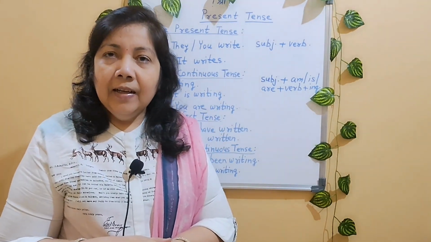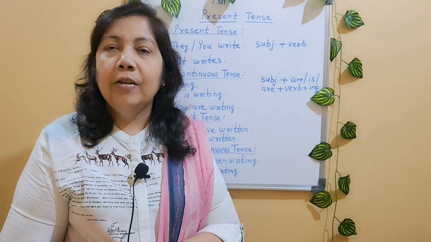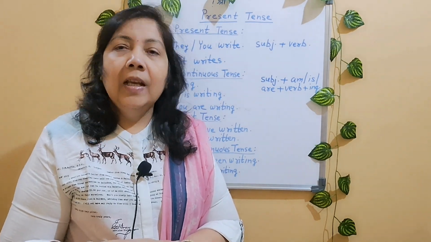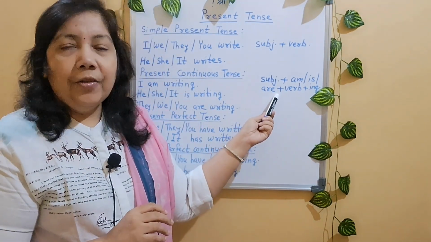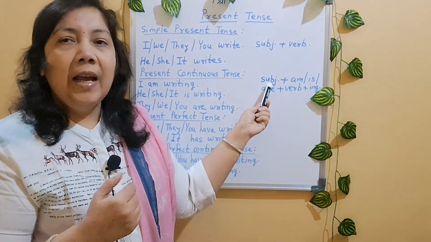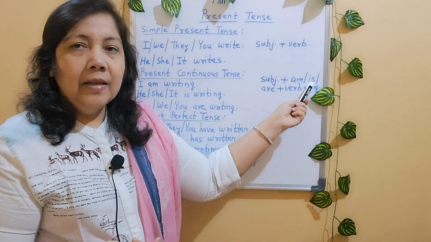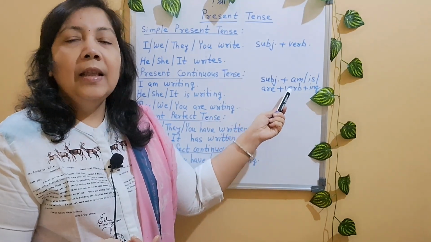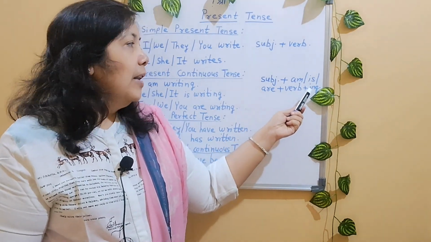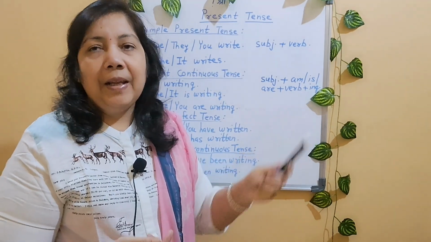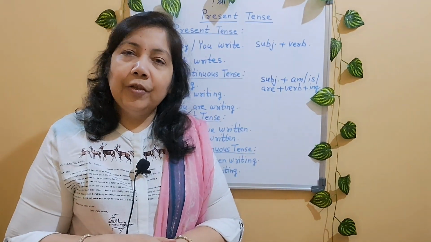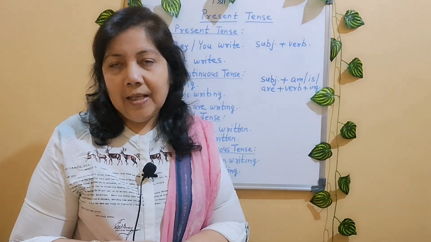They are writing, we are writing, you are writing. So, structure is subject. According to the subject, either am comes or is comes or are comes. Then comes the main verb and you have to add ing to that main verb. That is the structure of present continuous tense.